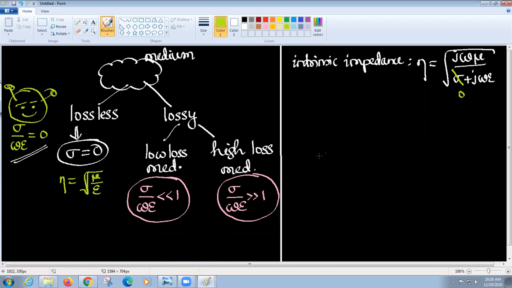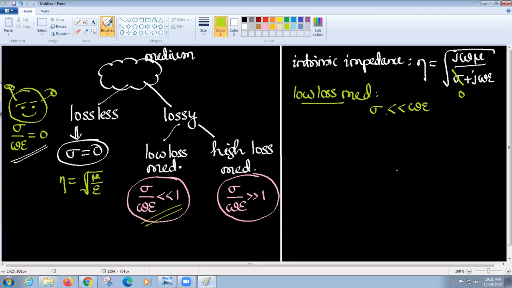That's it. If I go for low loss medium, sigma by omega epsilon is far less, that means sigma is far less than omega epsilon. And you put it down here. When sigma is far less than omega epsilon, I can neglect sigma.